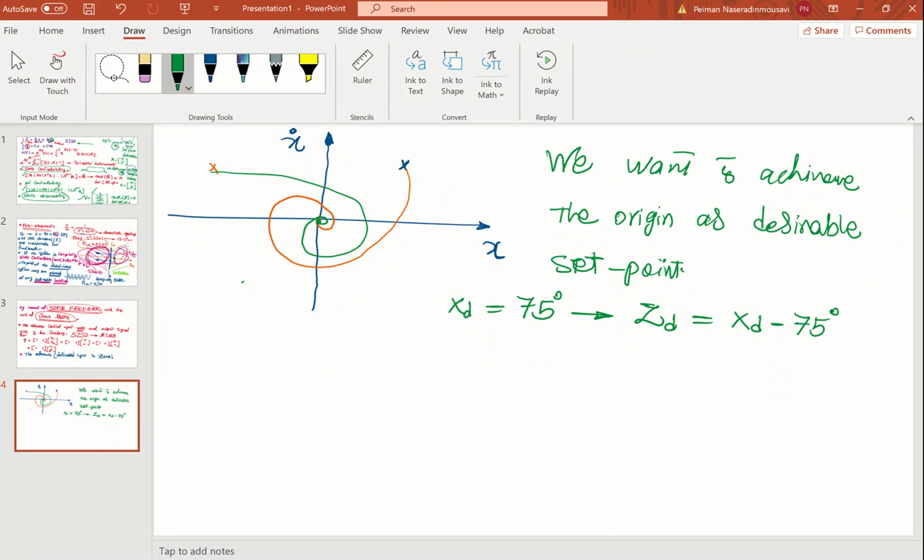So this is what you want to do. Understand? Because this is how much? 0. Just put it here. So you can transfer everything to the origin. Simple like that. Okay? Oh, yes.